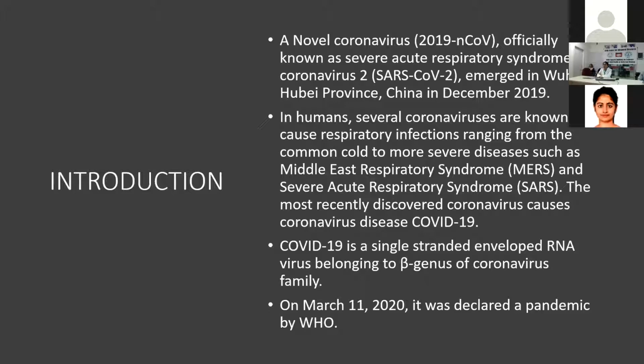The most recently discovered is the coronavirus that causes coronavirus disease COVID-19. It is a single-stranded enveloped RNA virus belonging to the beta genus of the coronavirus family. On March 11, 2020, it was declared a pandemic by WHO.